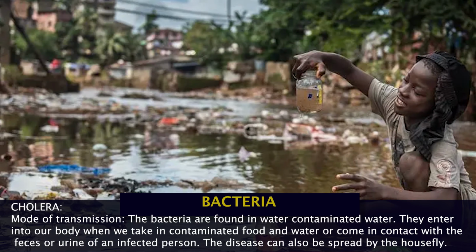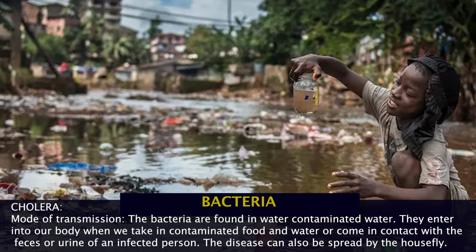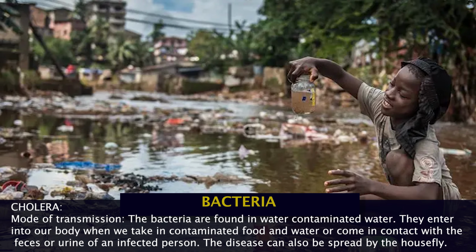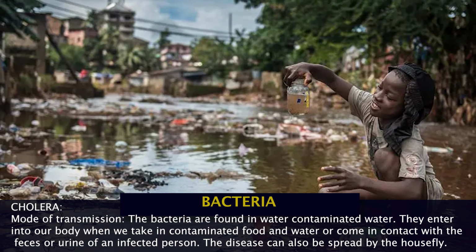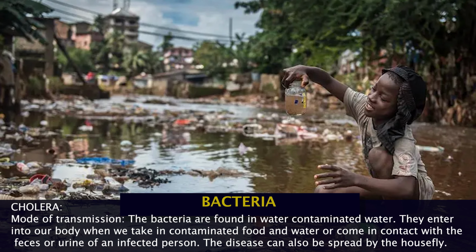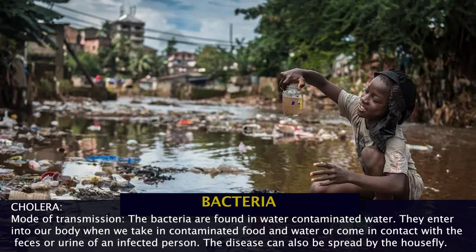Now, what is the mode of transmission of cholera? How does cholera enter into the body of human beings or other animals? Now, this bacterium, Vibrio cholerae, is found in water, or in contaminated water specifically. So water has been contaminated by this microorganism, or by maybe feces or urine containing it.